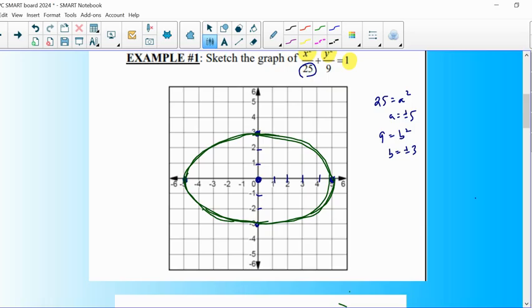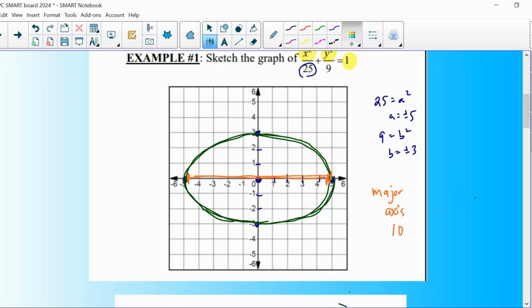Okay, so the major axis is the longer axis. In this case, it's the direction of the x. So the major axis would be 2 times 5, or a length of 10.